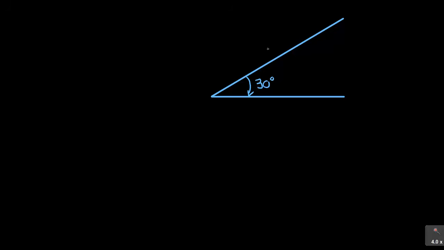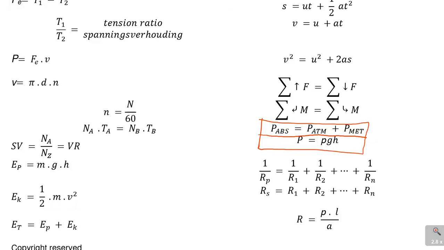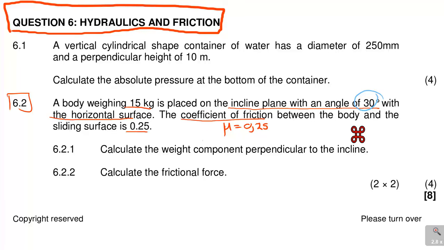So if I can have my body there, it's weighing 15 kg, and is placed on an inclined plane with a horizontal surface. The coefficient of friction between the body and the sliding surface is given.